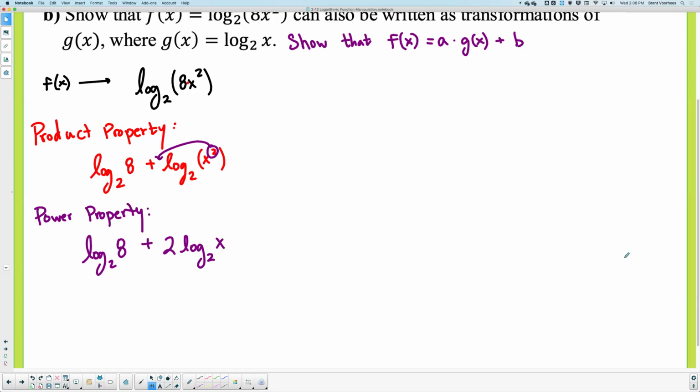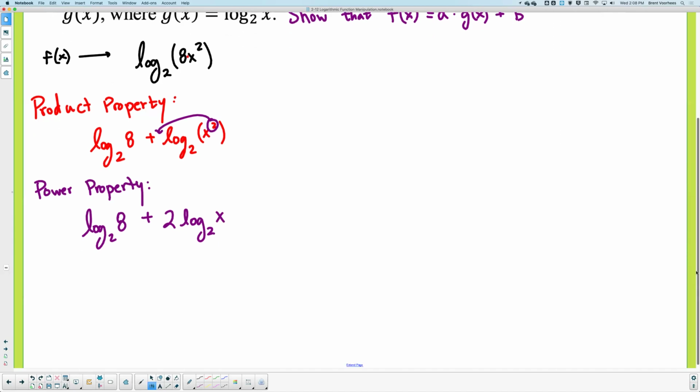I can do one more thing. What else could I do on this problem? These don't cancel. That's a great thought, but it doesn't work. You can cancel when it's log 2, 2, because ultimately you're evaluating. I can evaluate over here.